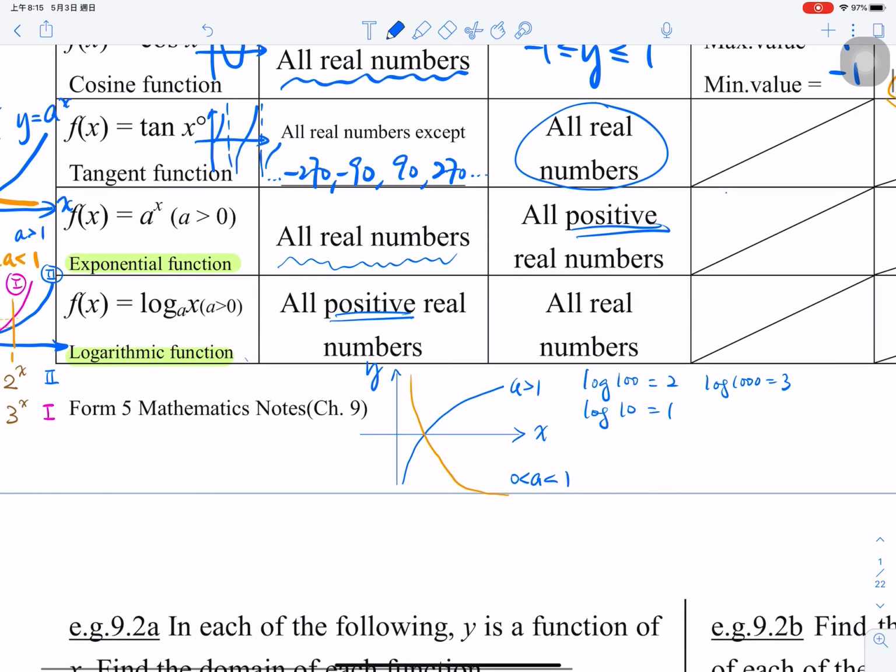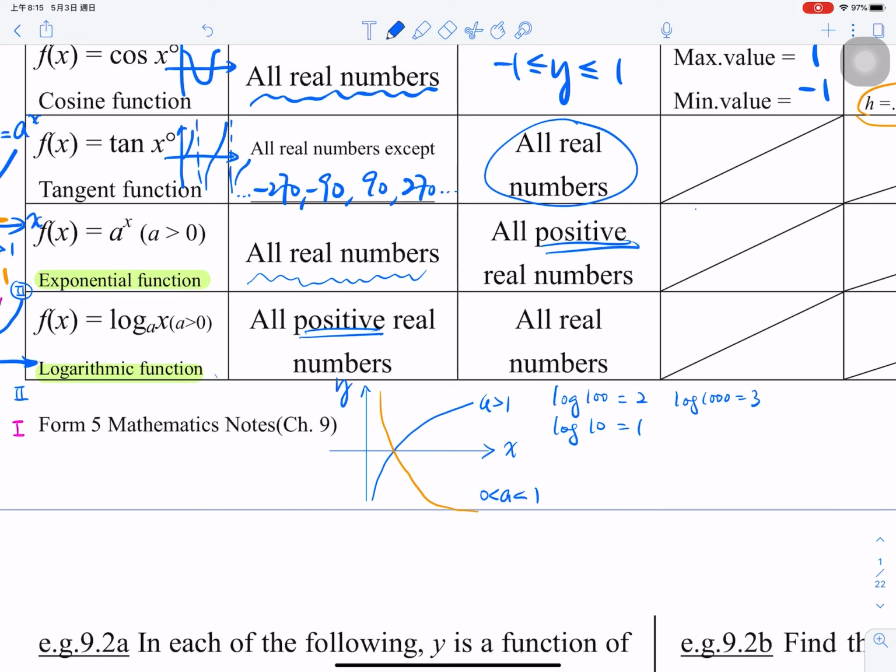So the last question wants to remind you, for example here, again we have the curve, and this time 1, and use the other one, 2, like this.